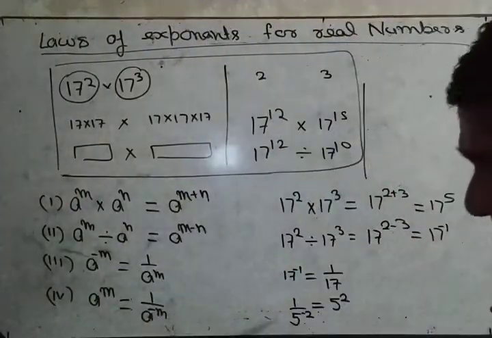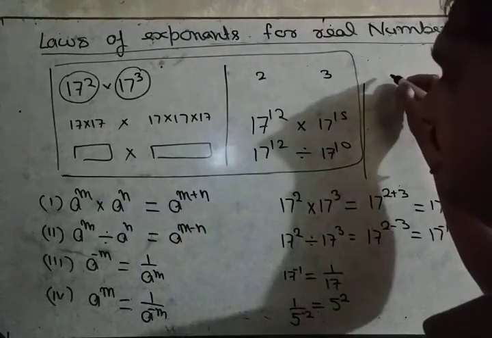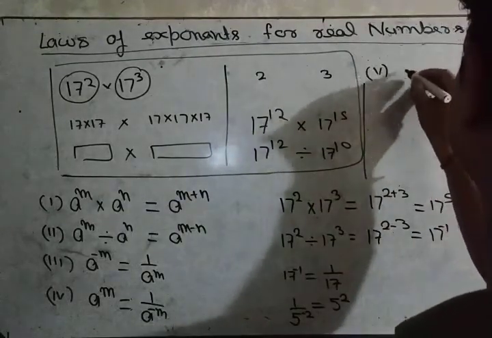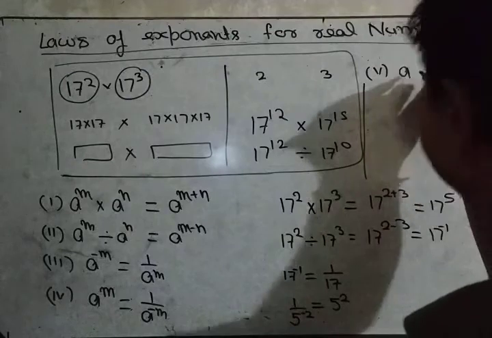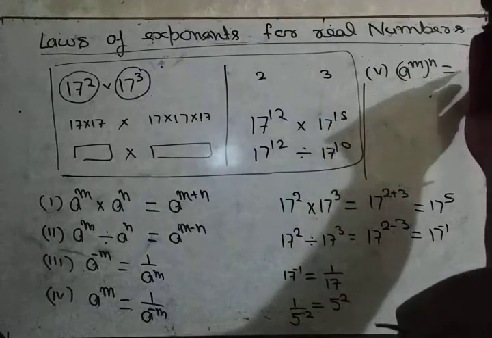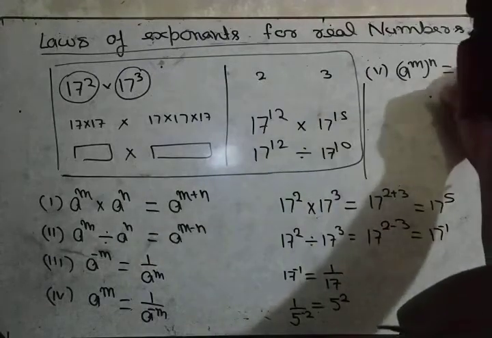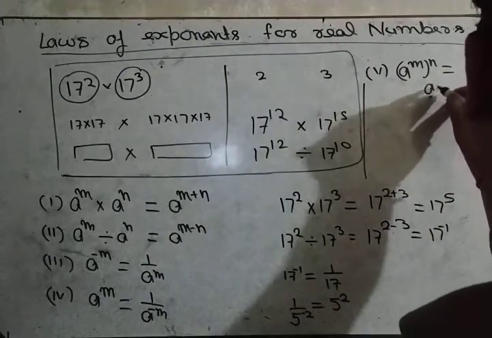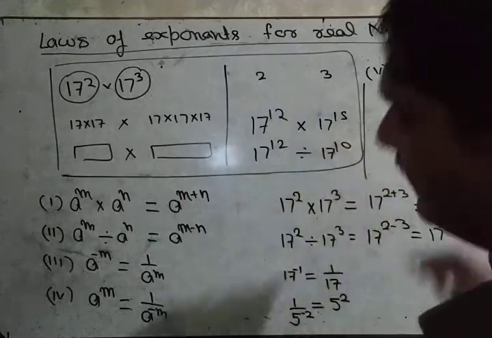Two more rules are there. Fifth one, if a raised to the power m and n is outside, in this case a to the power m n.